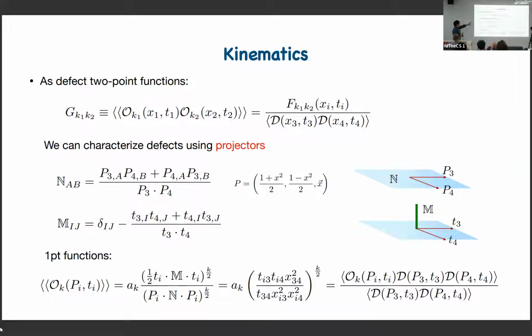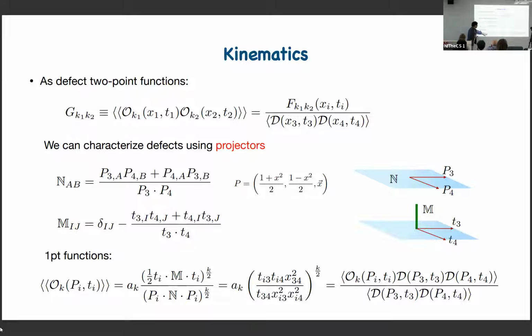Now, using these projectors, it's straightforward to write down correlation functions. The 1-point function, just like 3-point functions in defect-free CFTs, is completely determined by symmetry. The only thing you can write down using embedding space vectors and these projectors is the following object, up to some overall coefficient A_K, which is not fixed by symmetry.